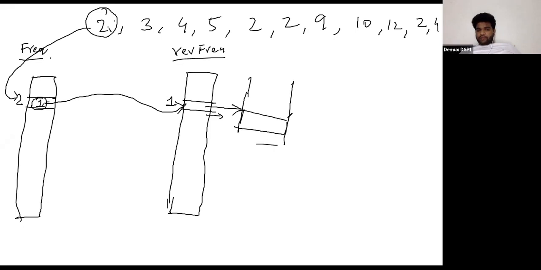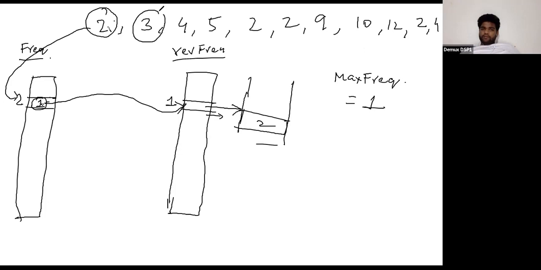In that I will push. And I have a max frequency variable to keep track of the maximum frequency. So now max frequency will be updated to 1. This is the first operation that I did.